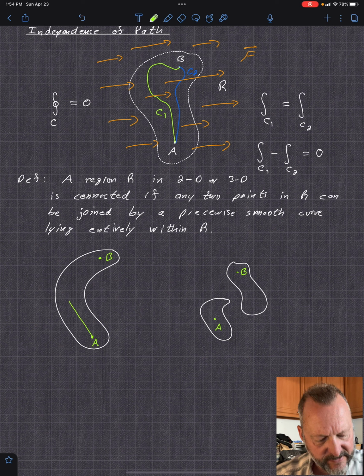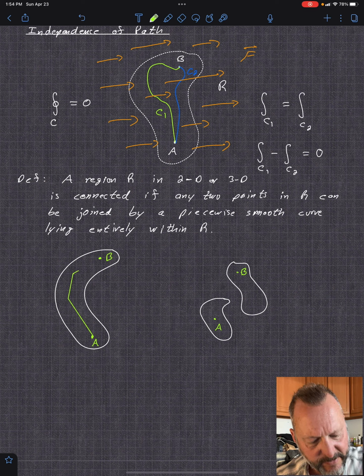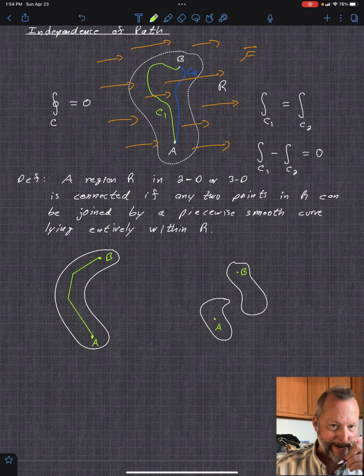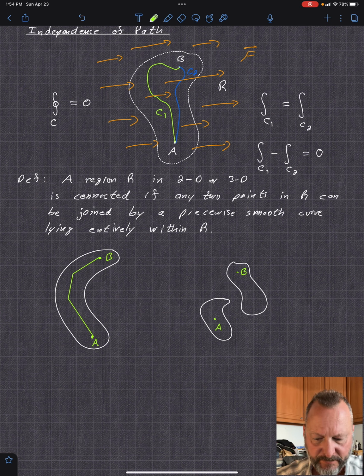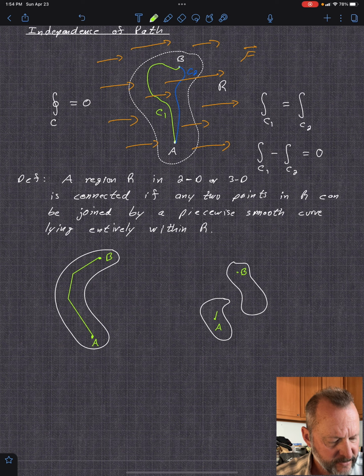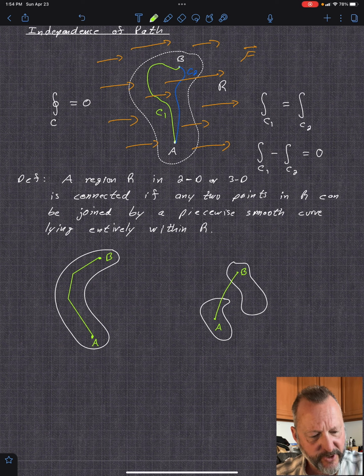Sometimes I've seen this defined with individual line segments, but it could be a curve.